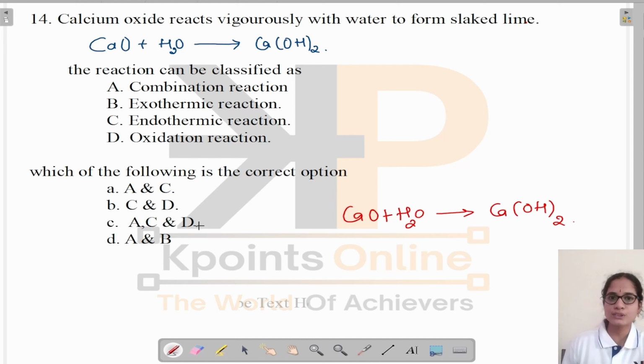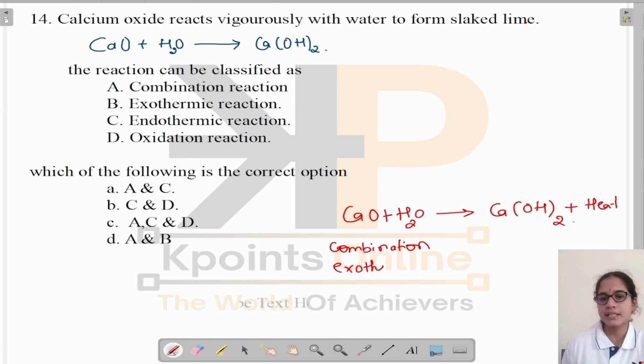But here the options are different. Okay. Again, what information that we get from this reaction is when this reaction happens, a large amount of heat is liberated. Yes, we know that it is an exothermic reaction. Then how do we classify this? How do we classify this equation as it is a combination reaction and also it will be exothermic reaction.